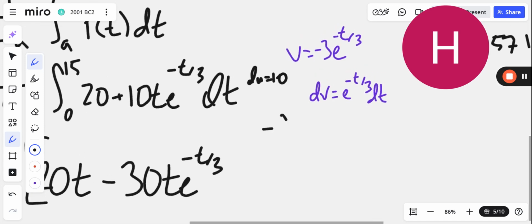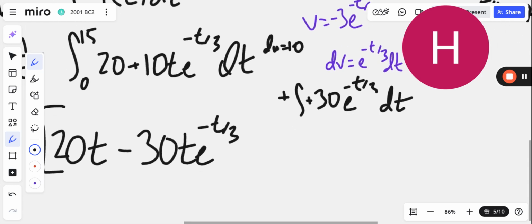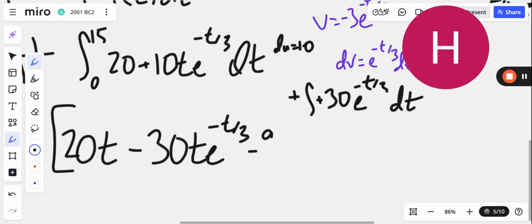So that's going to be minus the integral of negative 30 e to the negative t over 3. Those become positive, but then when I integrate it, it becomes negative again. So this will be minus 90 e to the negative t over 3, all evaluated from 0 to 15.